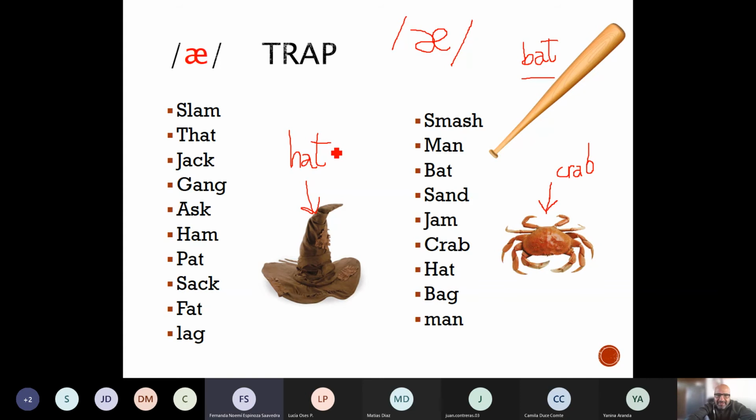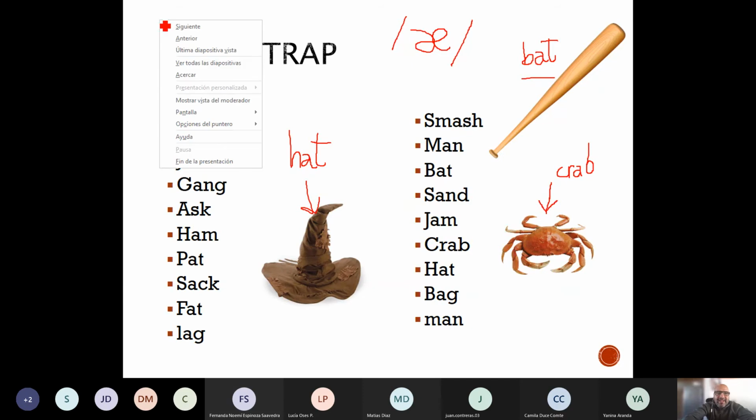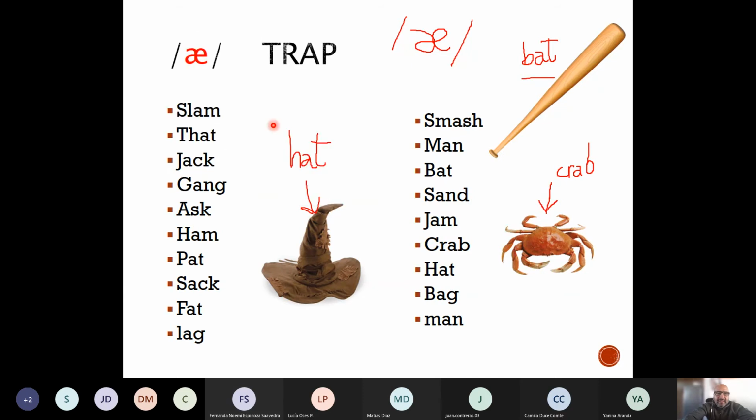Gryffindor. Yeah, Gryffindor. Slytherin, Hufflepuff, and what was the other one? Ravenclaw. Exactly. Great.